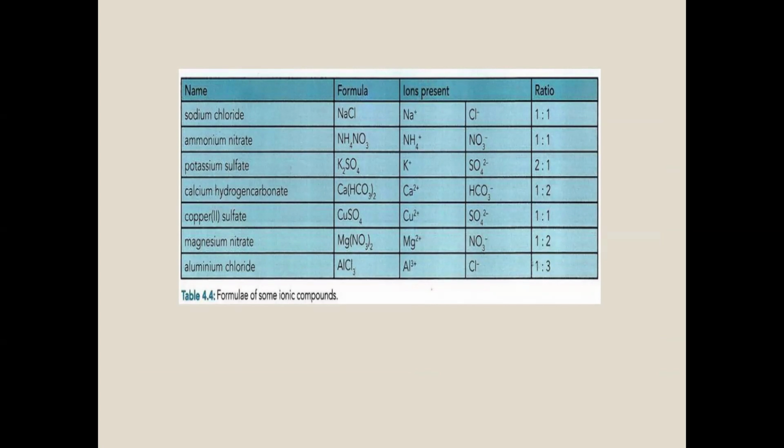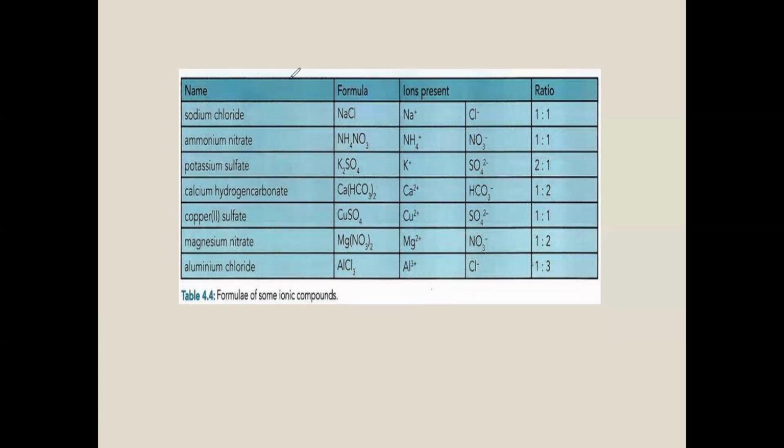These are some examples of some compounds. Sodium chloride, NaCl, the ions, sodium ion plus 1, and Cl minus, the ratio is 1 to 1. 1 sodium to 1 chloride. Ammonium nitrate, ammonium is a compound ion.